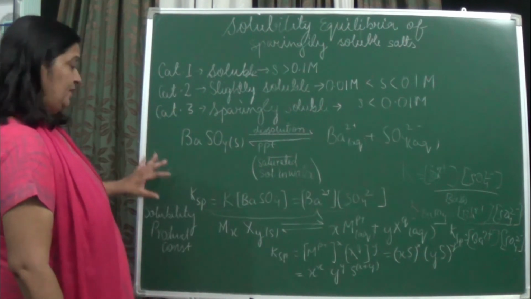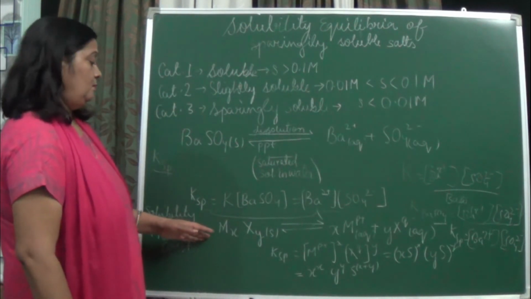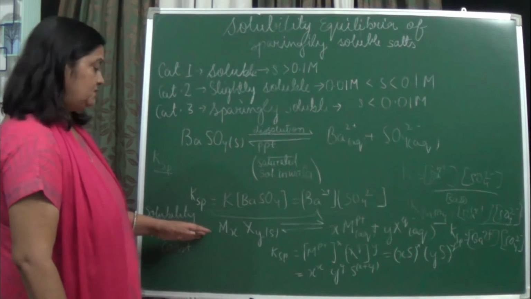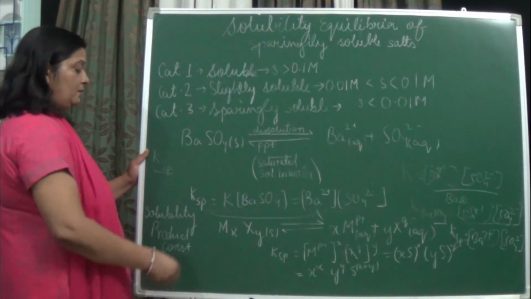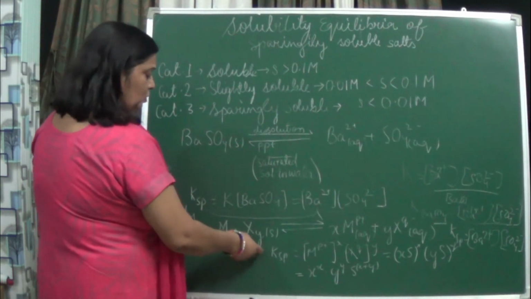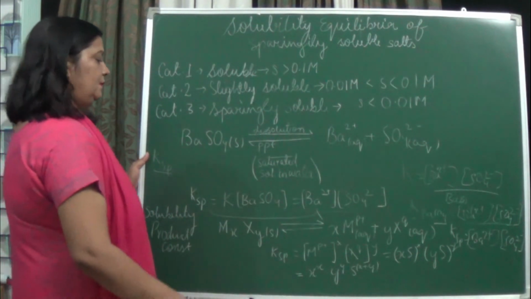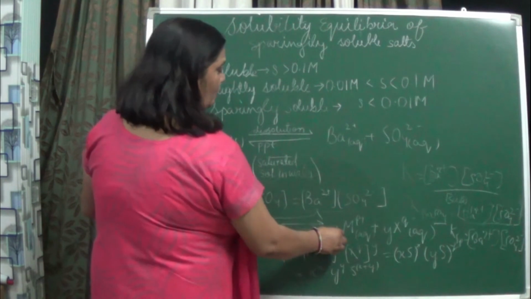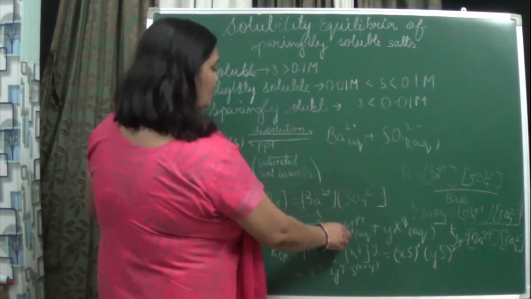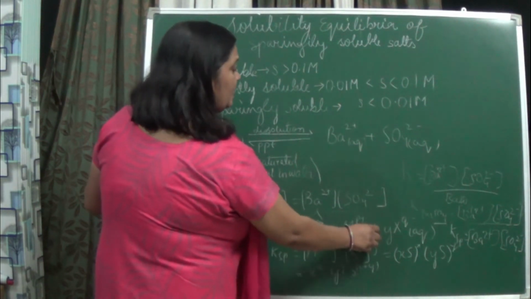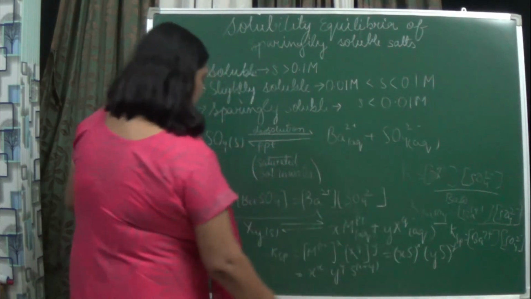Now with the general equation, seeing the solubility product constant, how will we make it out? We have taken a salt MxXy. What happens after dissolution? It forms xM^p+ plus yX^q-.